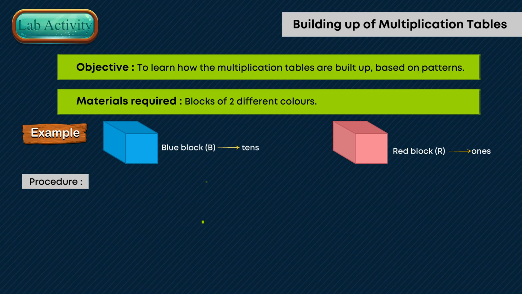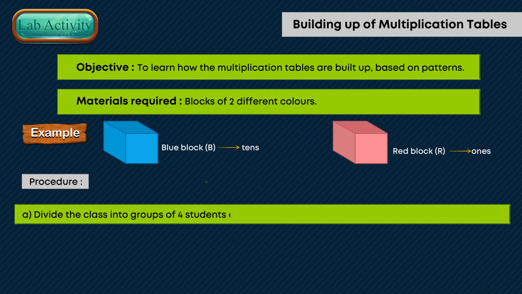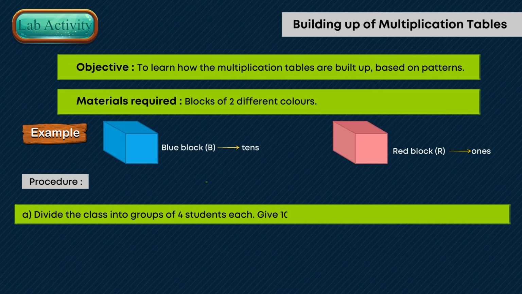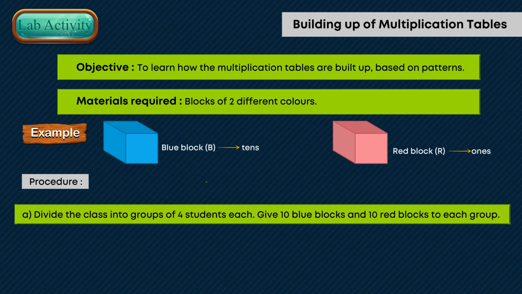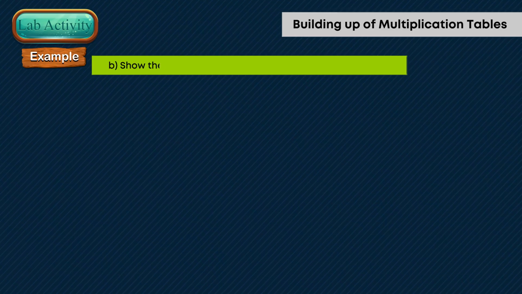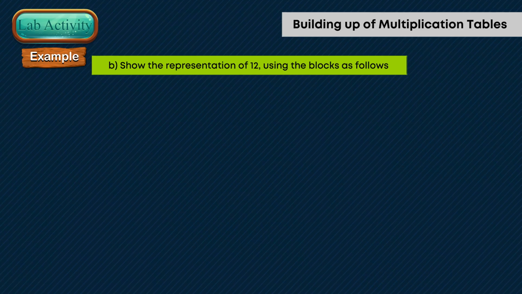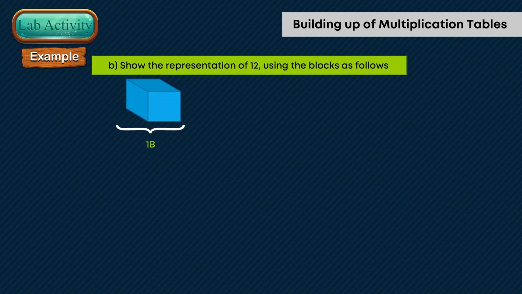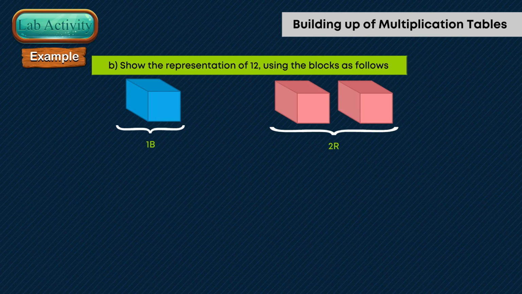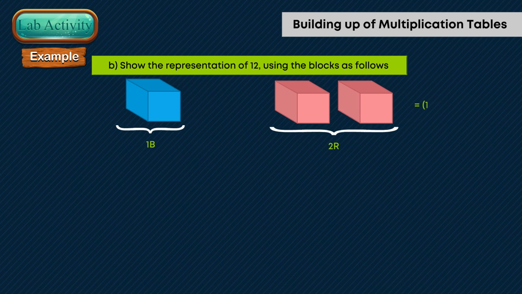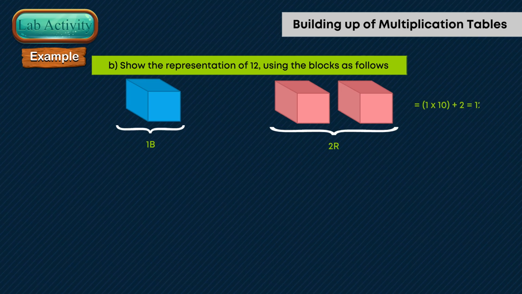Procedure. A. Divide the class into groups of 4 students each. Give 10 blue blocks and 10 red blocks to each group. B. Show the representation of 12 using the blocks as follows. 1 blue block and 2 red blocks is equal to 1 into 10 plus 2 is equal to 12.